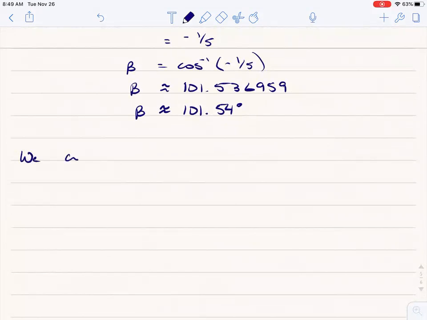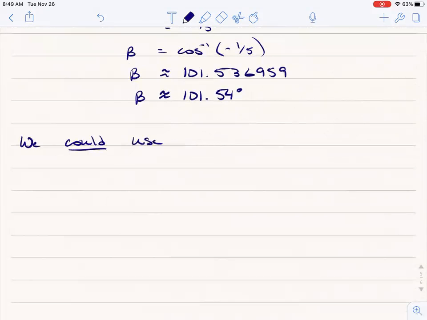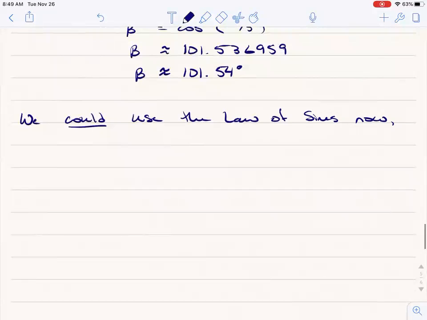We could use the law of sines now, but using the law of cosines lets us use only given information. Whereas I think before, if you had a look, we had to use a solved one.